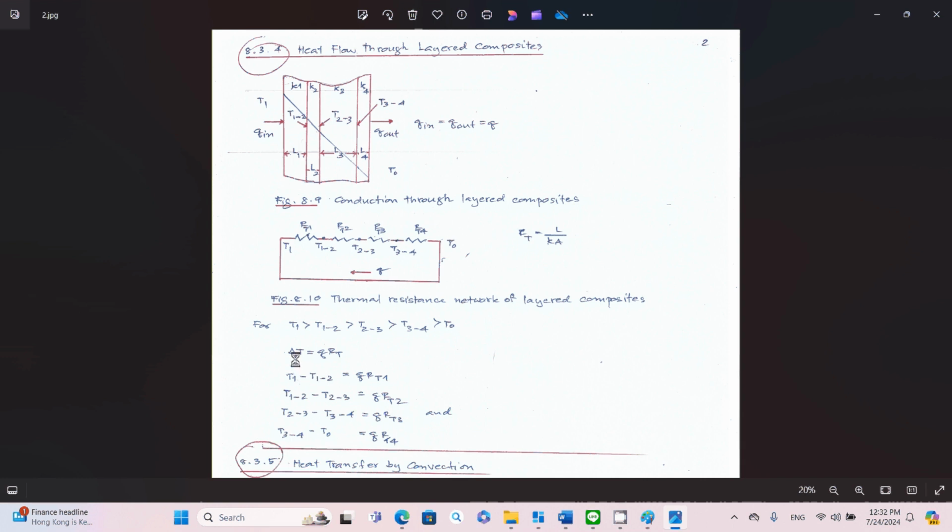Apply your thermal equation, delta T equal to Q RT, and you add them up together. The intermediate temperatures cancel out, so you end up with T1 minus T0 equal to Q multiplied by the total thermal resistance. You just add up each thermal resistance because they are all in series.